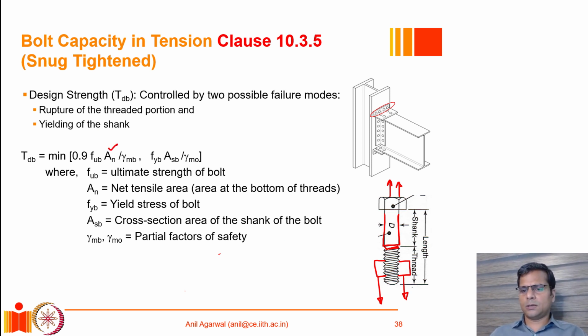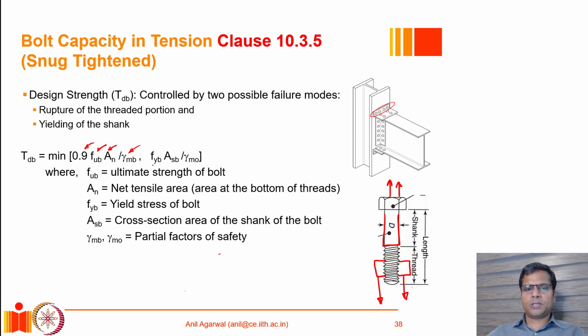and the failure in the net cross section area will be a rupture type of failure, and we will use the limit state of Fu, that is ultimate stress, multiplied by the net cross section divided by gamma mb, which has a slightly higher value than gamma m0, and an additional factor of 0.9 because we want to avoid rupture and we prefer to have a failure governed by yielding.